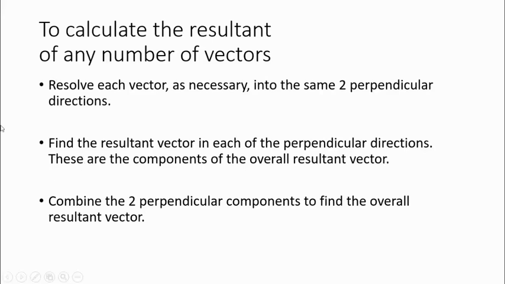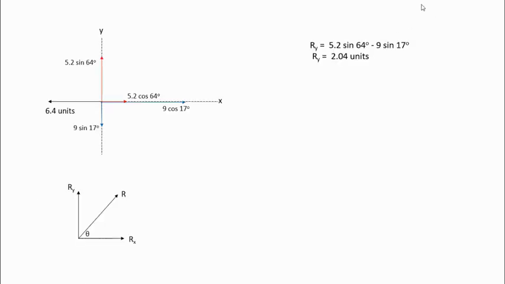Step 2 said find the resultant vector in each of the perpendicular directions. And these are the components of the overall resultant vector. So Ry, which is the y component of our resultant, is going to be the sum of what we have in the y direction. 5.2 sine 64, 9 sine 17.